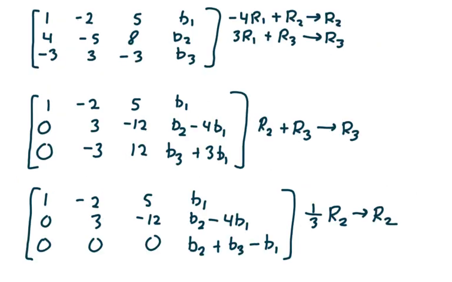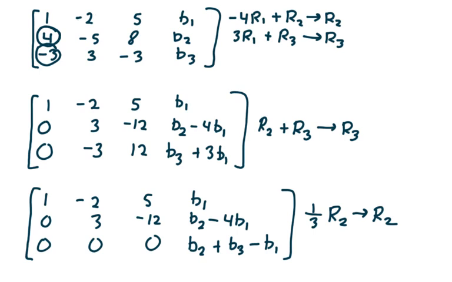And remember, I want to use row 1 to turn this entry of 4 and this entry of negative 3 into a 0. And so I'm going to take negative 4 row 1, add it to row 2, put the result back into row 2. I'm going to take 3 row 1, add it to row 3, put the result back into row 3.